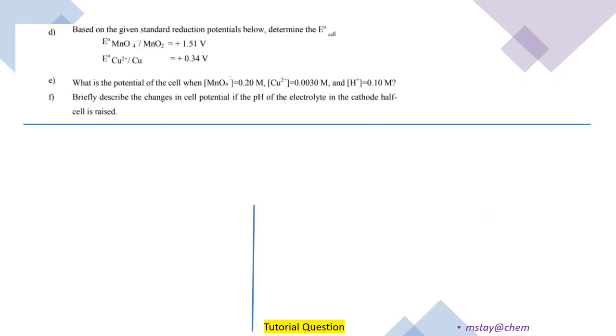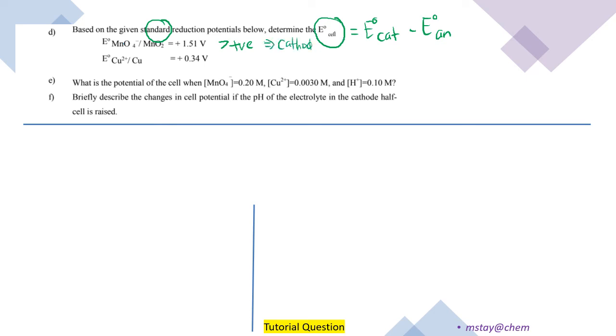Continue with question 11. Based on the given standard reduction potentials, determine the E0 cell. It means that we want to determine the cell potential at standard conditions. So we're going to use the formula E0 cathode minus E0 anode. At the same time, we can also double confirm that positive 1.51 is more positive, so the more positive SRP value will be the cathode.